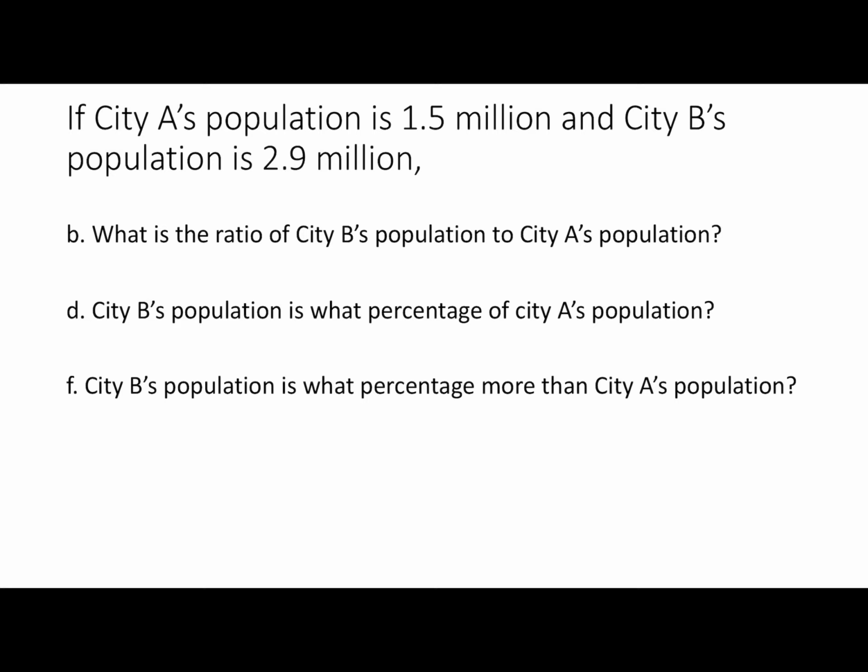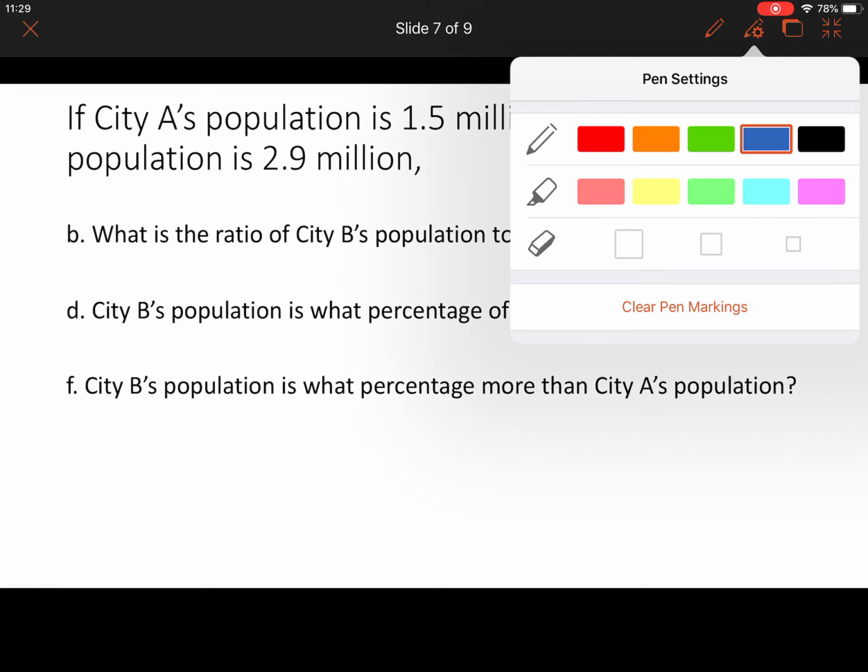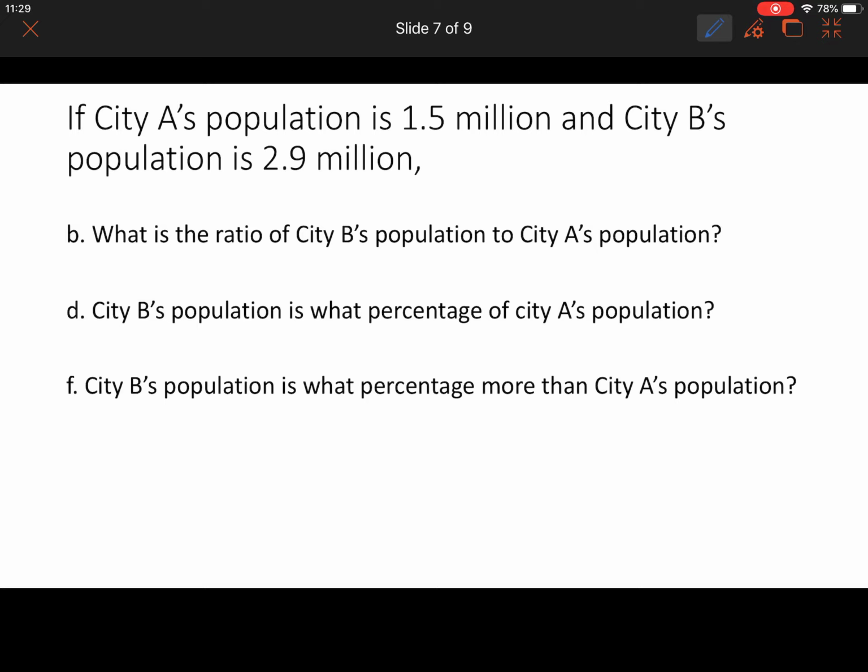Let's try it the other way. Remember earlier we got like 52%, 48%. What if now, using the same city population, but we want to compare City B's population to City A's population? So here we changed reference values, which is actually a really big deal. 2.9 is now being compared to 1.5 million.